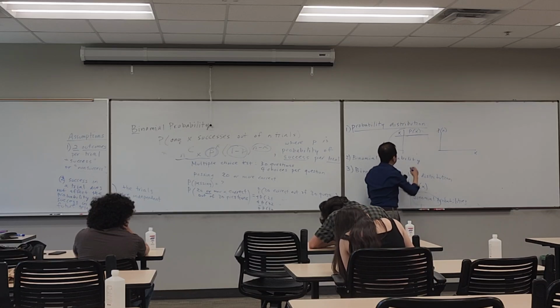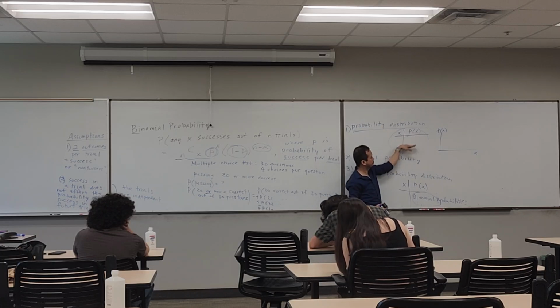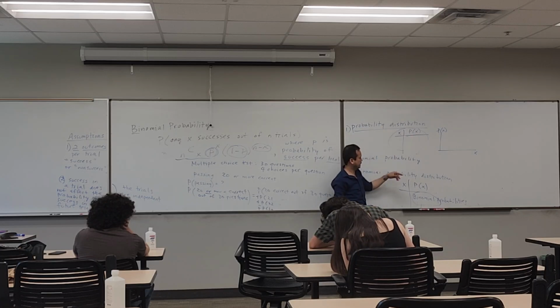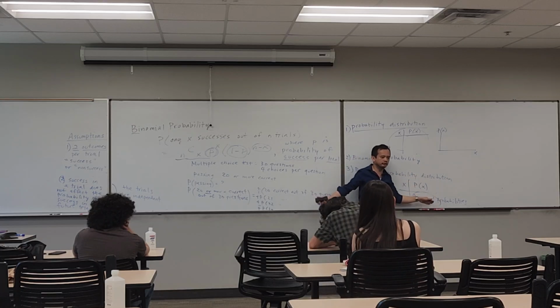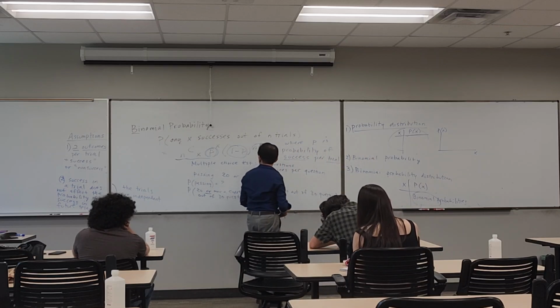So this is just a general, generic probability distribution where the probabilities can be anything. And in the special case of a binomial probability distribution, all the probabilities are coming from the binomial probability form. Okay, so let's talk about an example of this.